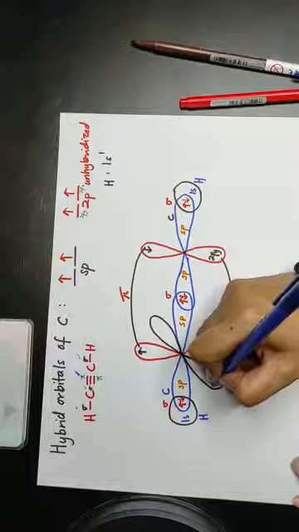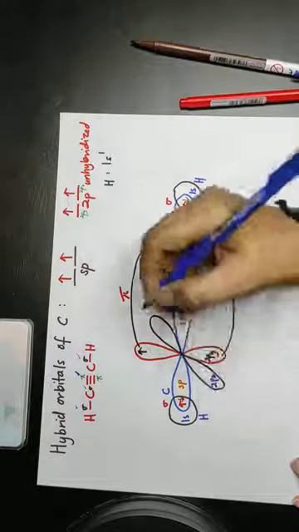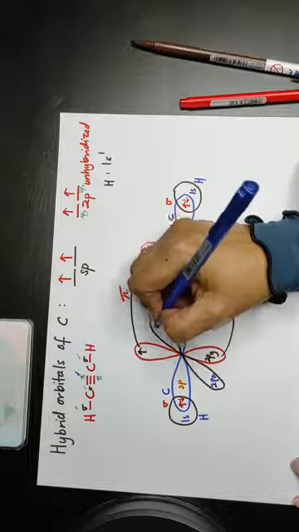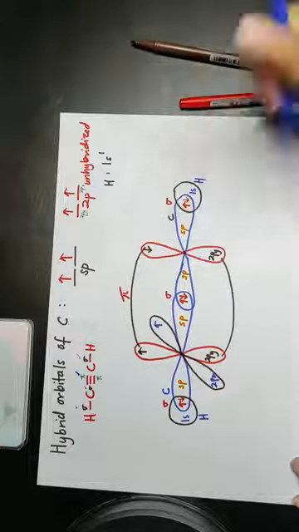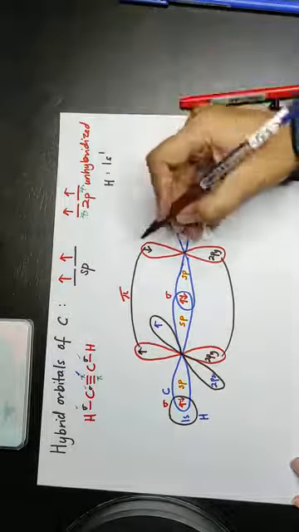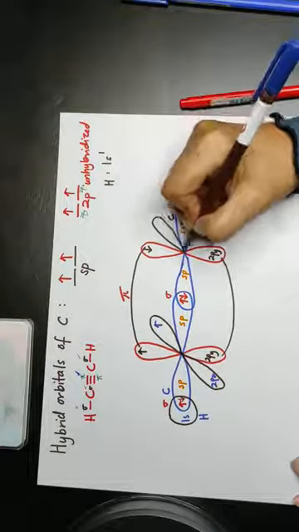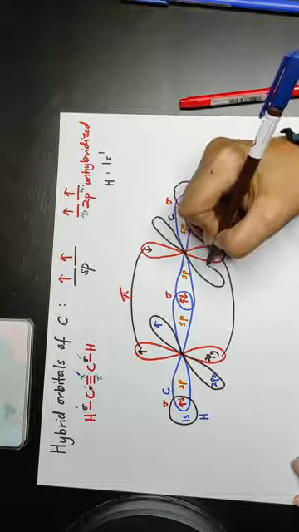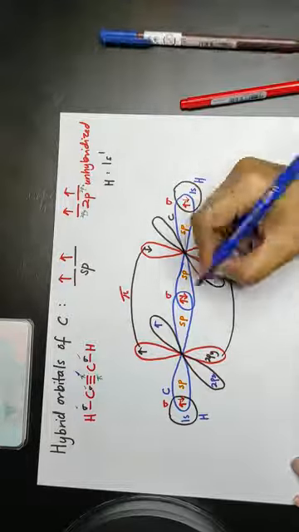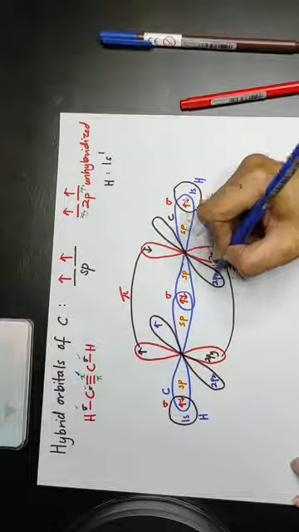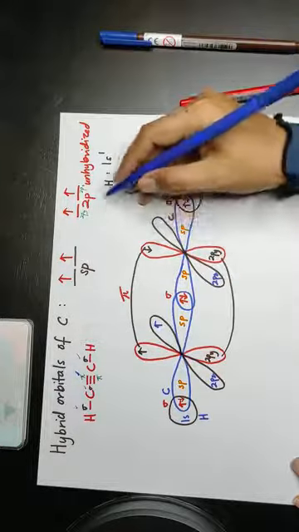So let's say label it as 2pz. It contains one unpaired electron. And the same goes for the other carbon. So this is 2pz unhybridized. It contains one unpaired electron.